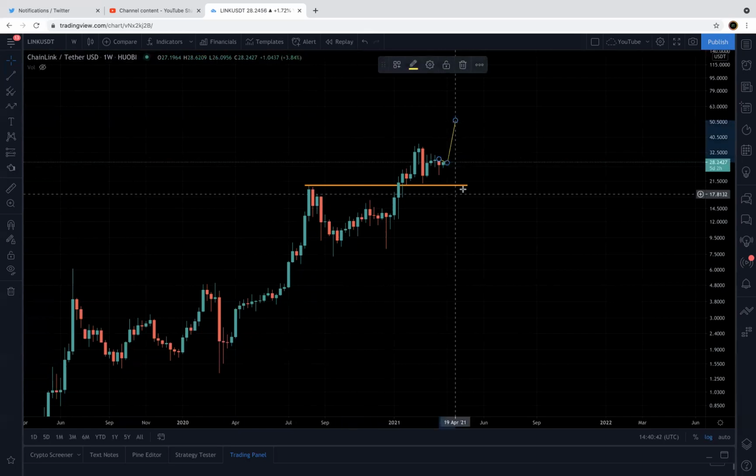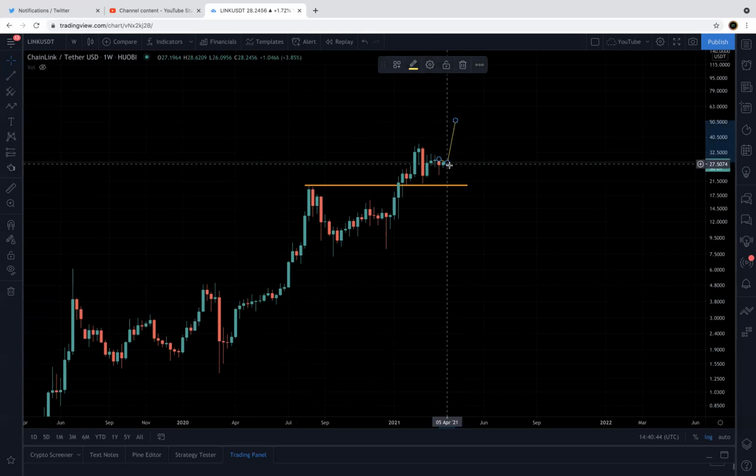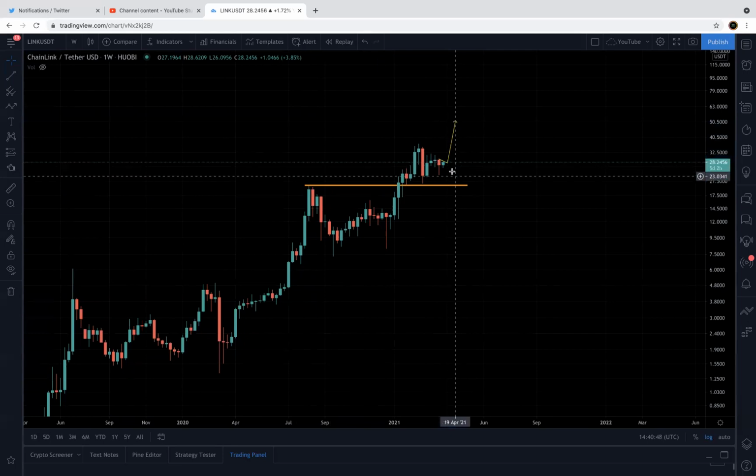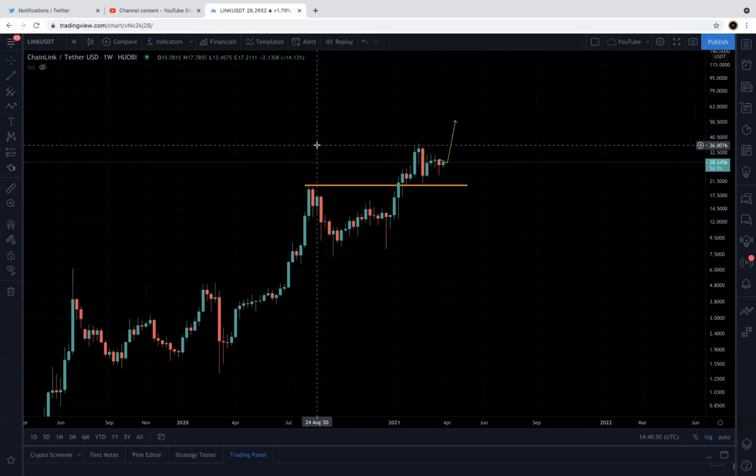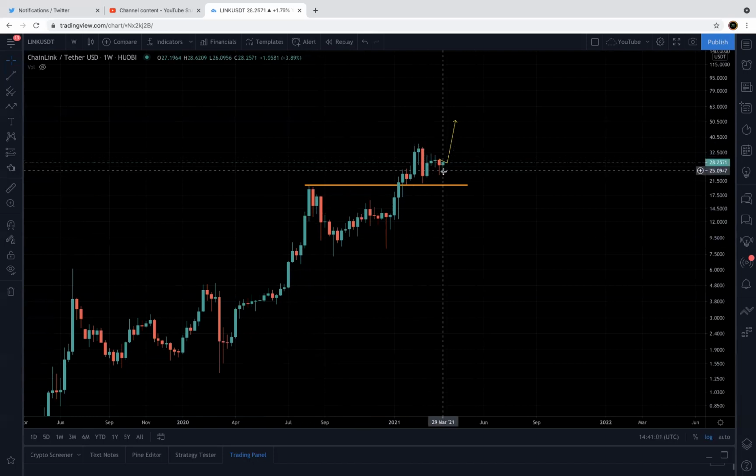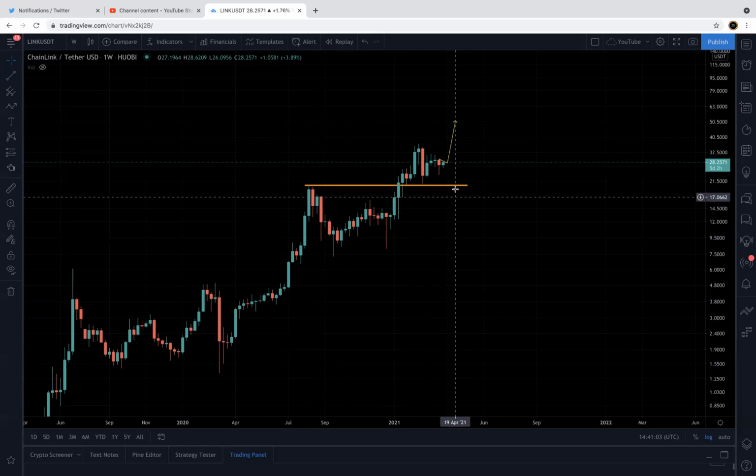So this is the weekly scale. In this week or next week, we should be able to see LINK making progress. The only exception is if the overall market corrects and all the coins go down; only in that case would this pattern change.